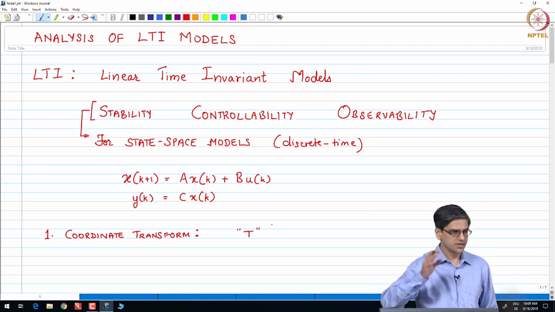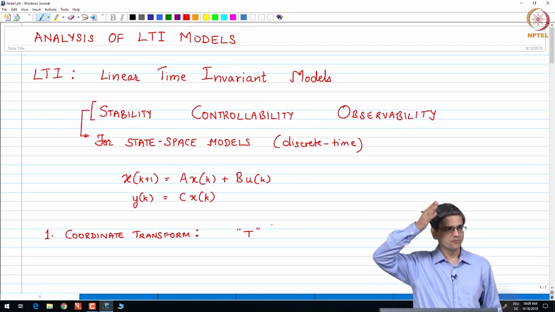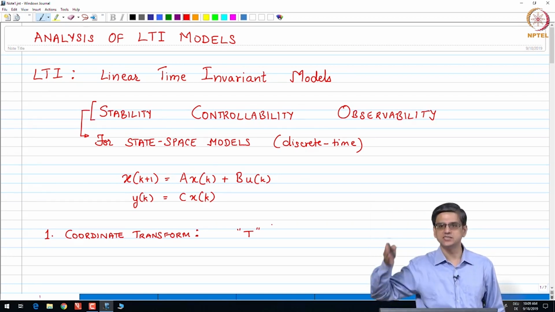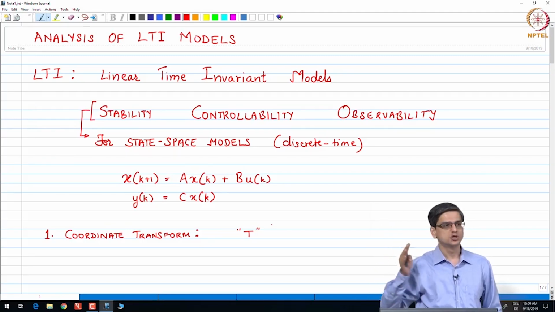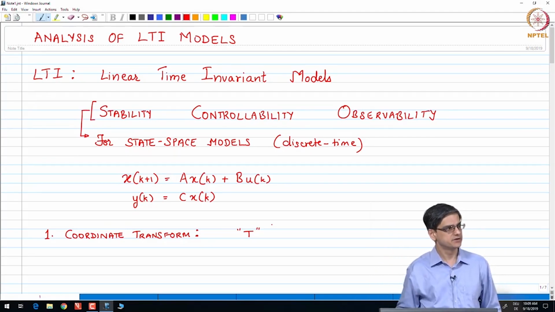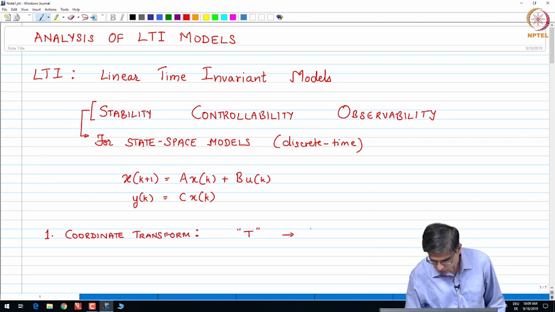Okay. In other words, the vectors that comprise the T matrix should be linearly independent, which also means that T is an invertible matrix. Okay.